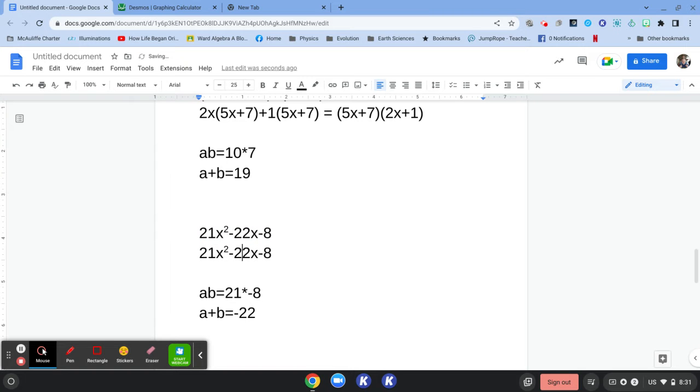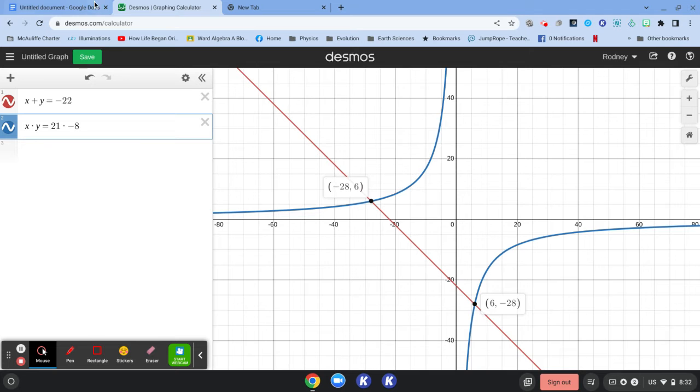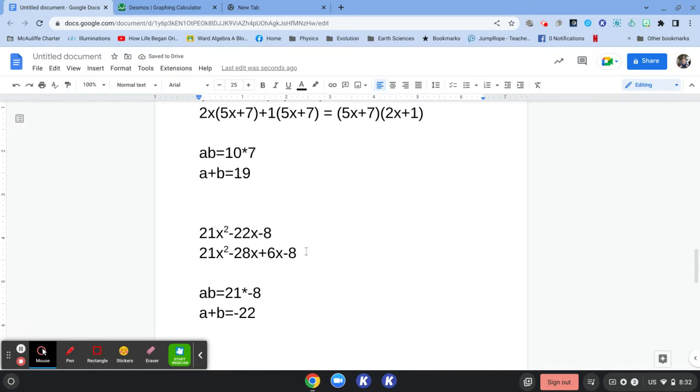The negative 22x is going to become negative 28x plus 6x. Let me confirm that. 6 and negative 28, yep. And now we're going to group that. I made a point of putting the positive one as the second part of that split so that I could easily put a positive in front of the right-hand grouping.